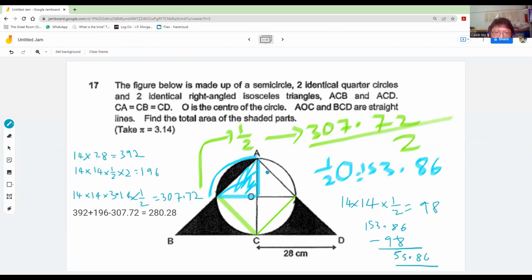Just to recap, this one is this blue area. We use the same circle, we minus the triangle. So in the end, what do we need to do? Add these portions. 280.28 plus 55.86. Final answer is as follows: 336.14 cm squared.